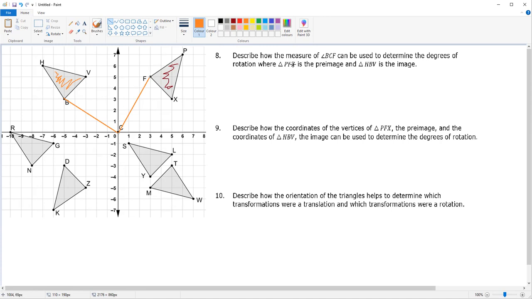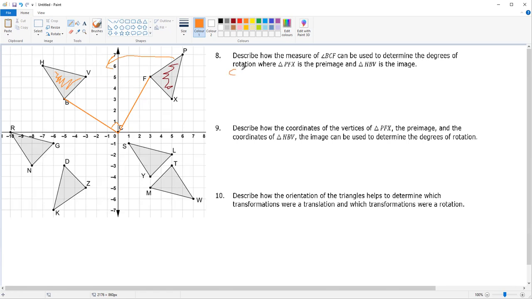All right, so it's saying that this is the image, and that's the pre-image. So it looked like it moved from here to here. That looks like a pretty strong case for a counterclockwise rotation of 90 degrees.